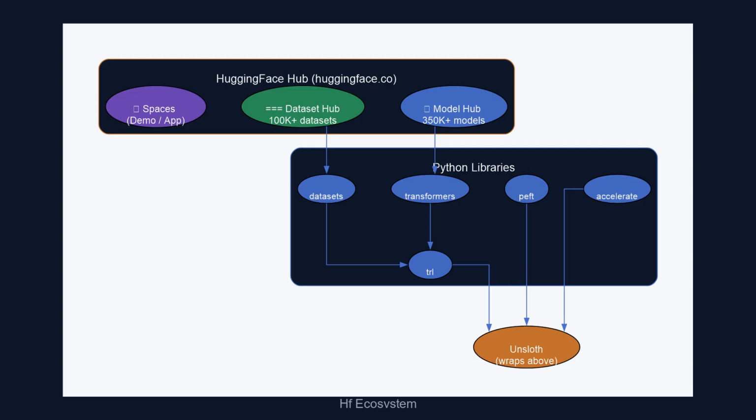Below that are the core Python libraries, Datasets, Transformers, PEFT, and Accelerate, each handling a distinct layer of the fine-tuning stack. Unsloth wraps around all of them, simplifying the interface considerably. Understanding this layered structure matters because when something goes wrong, knowing which library owns which responsibility tells you exactly where to look.